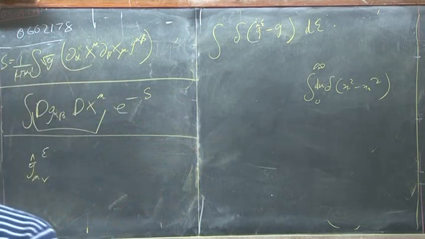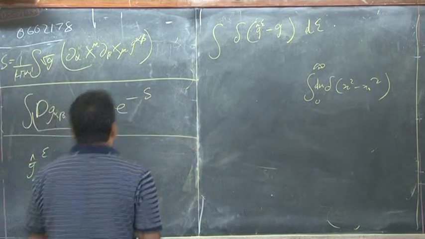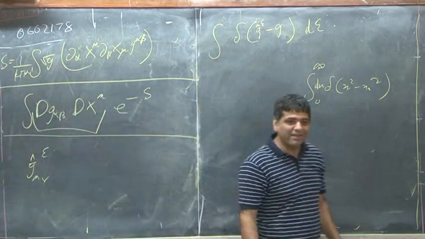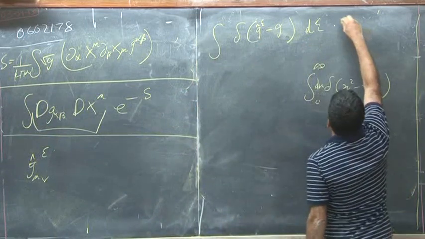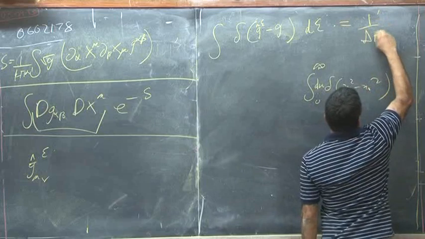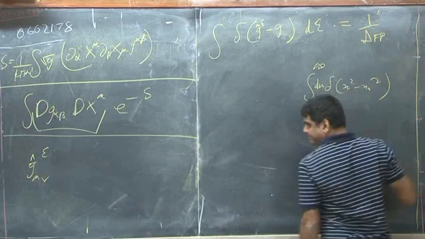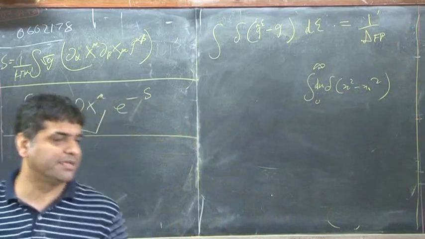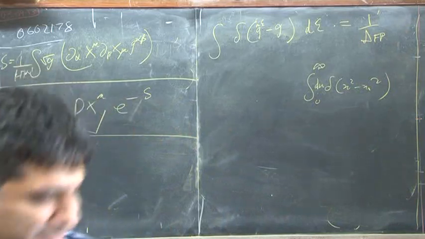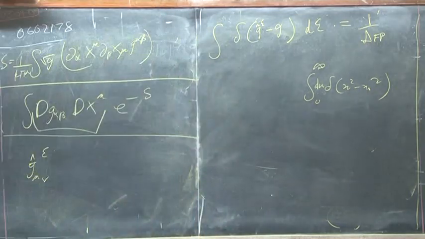The delta is a measure factor. So this quantity is roughly 1, but not quite 1. Whatever it is, we will call it 1 over delta phi. It's the measure factor that makes this not quite 1. That's what the Faddeev-Popov determinant is for this gauge fixing procedure.